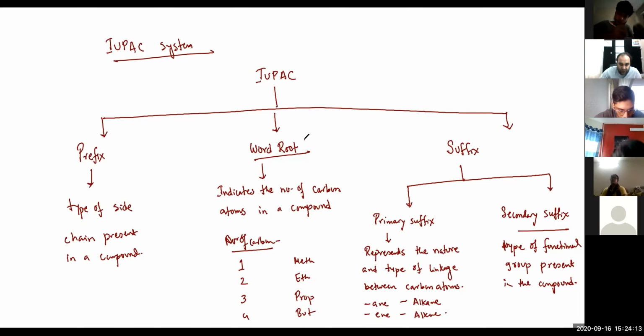So word root is usually the parent chain. The parent chain.